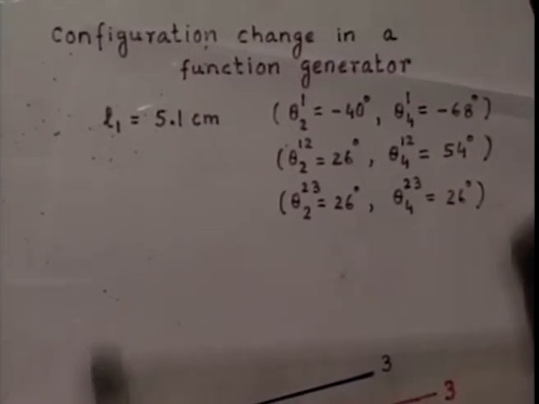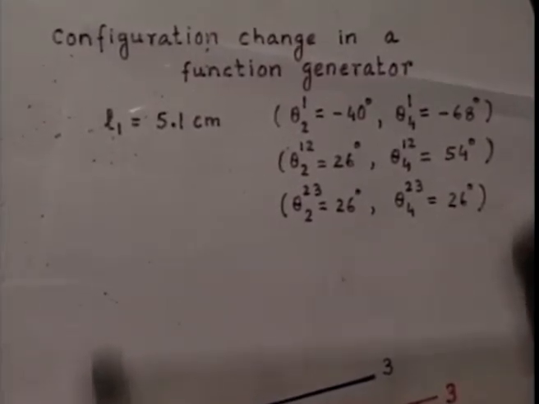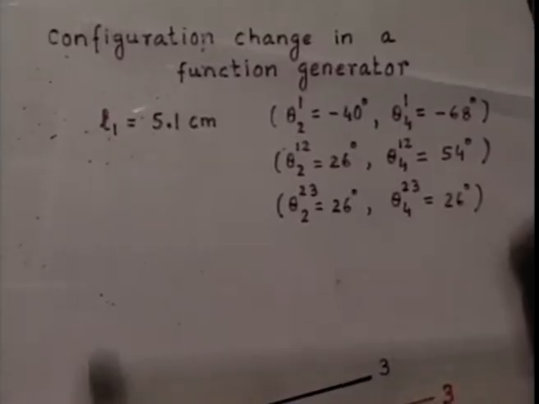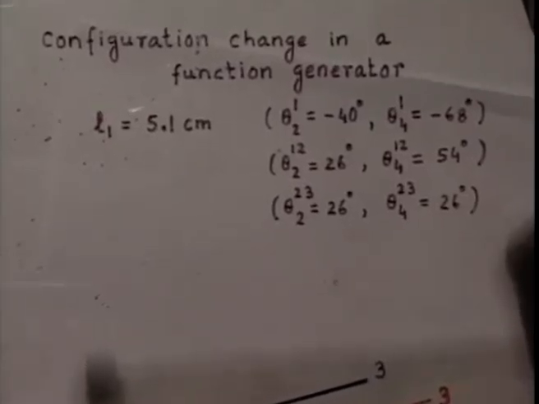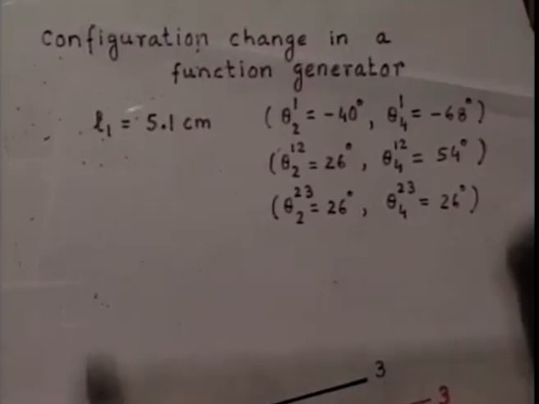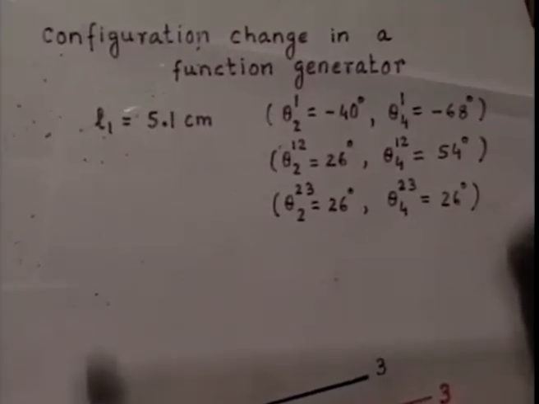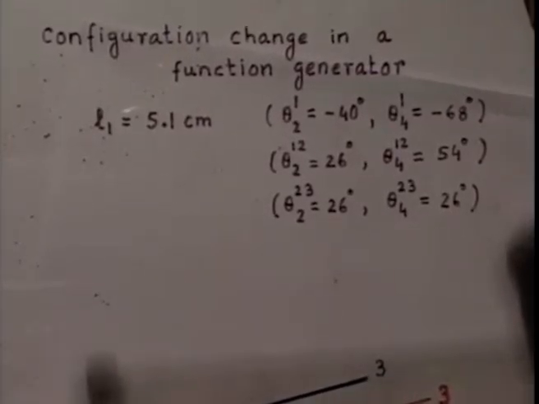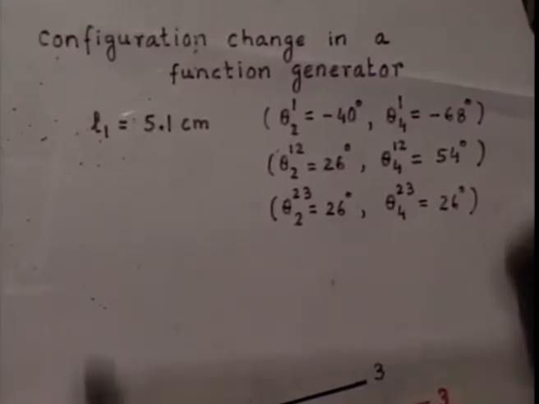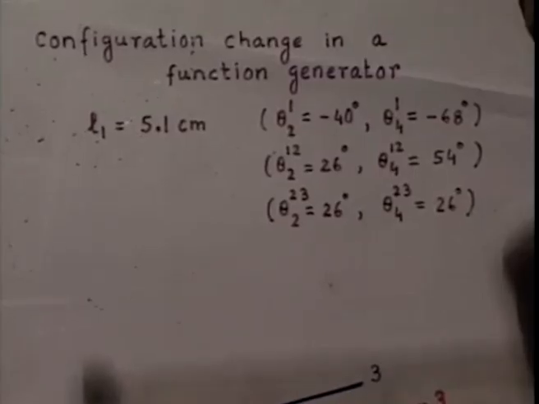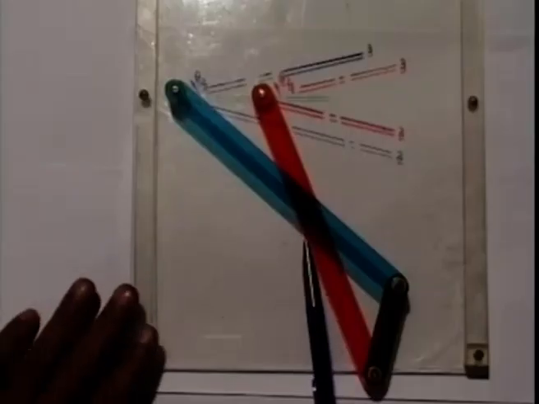We have already seen L2 comes out to be equal to L4 and L1 comes out to be equal to L3. We take L1 equal to 5.1 centimeter in this model, and D1 or D2, which we found to be equal, could have been solved by using the first equation, and if you solve that equation, it turns out to be about 0.3. This is the model that we have got.